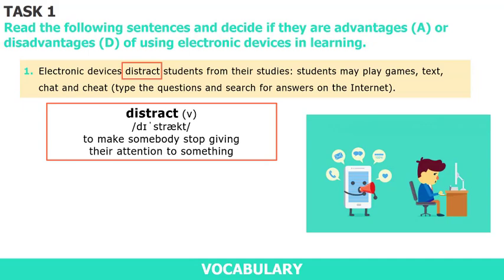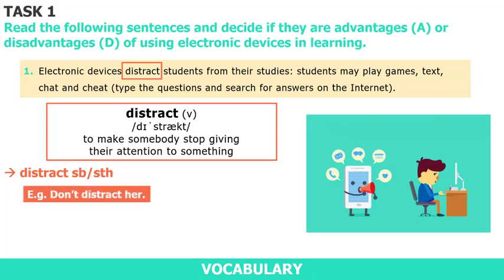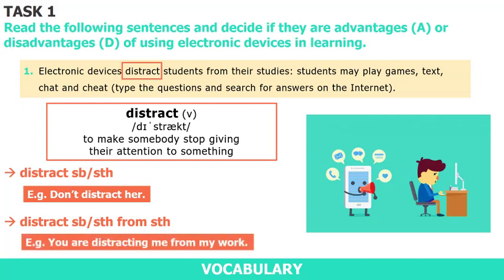We have the structure: distract somebody or something. Look at the example for this one. Don't distract her. Or another structure is distract somebody or something from something. I will give you an example to illustrate. You are distracting me from my work.